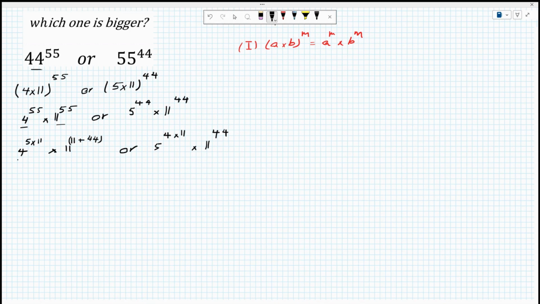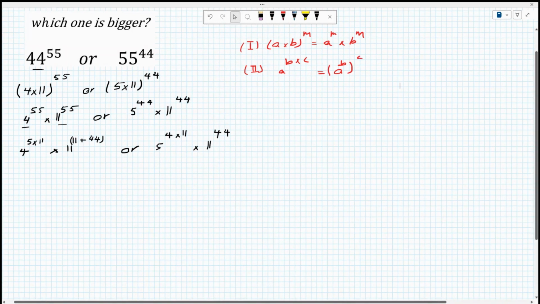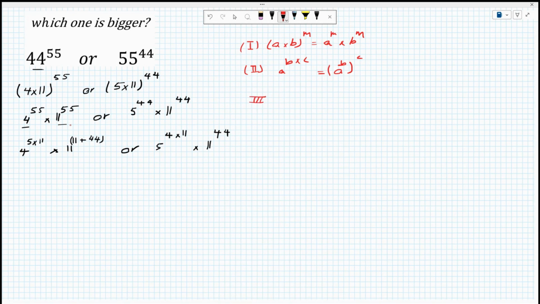So the first term here, which is 4 to the power of (5 multiplied by 11), there's another rule here. I call it rule number 2. A to the power of (b multiplied by c) equals (a to the power of b) in total to the power of c. Also, we have another equation, which I call equation number 3.